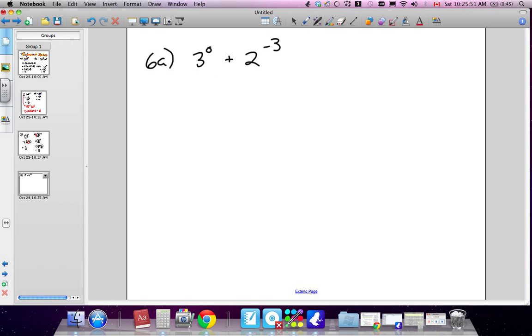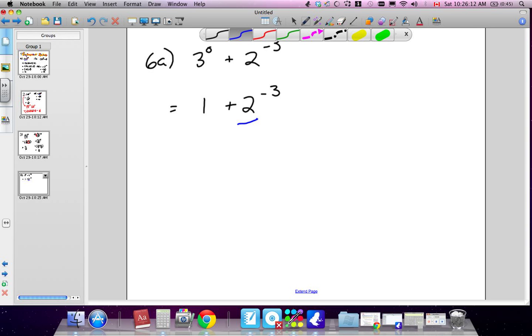Now, they want this as a positive exponent. So actually what I'm going to do is change this whole number into a fraction. What would our base, 2, be as a fraction? Just the number 2 as a fraction, how can I represent that? 2 over 1 to start.